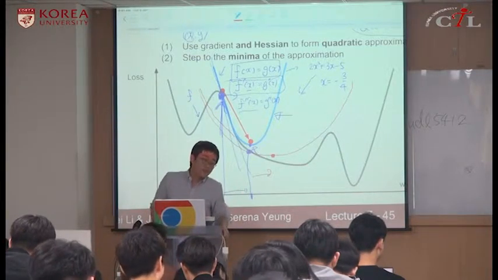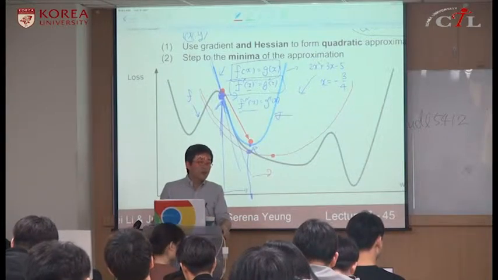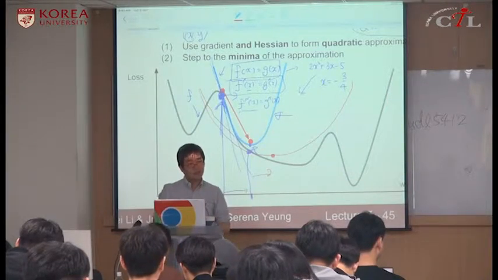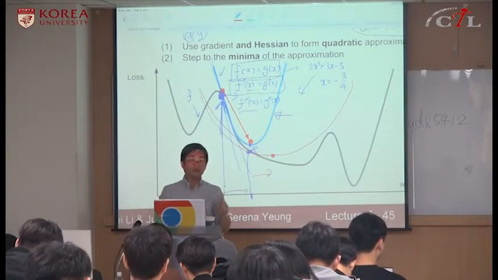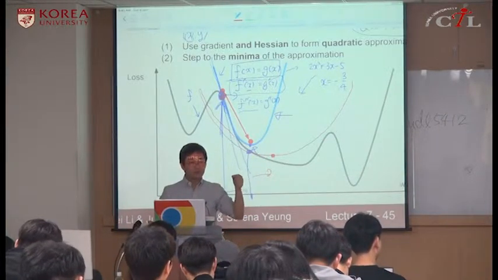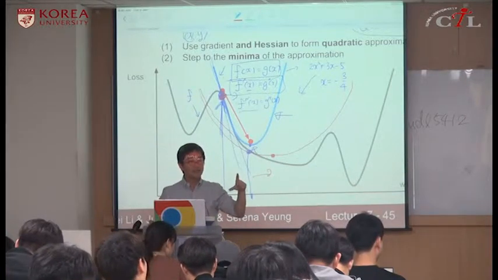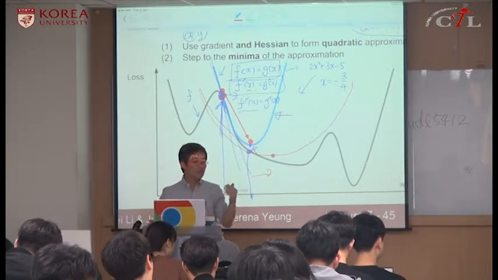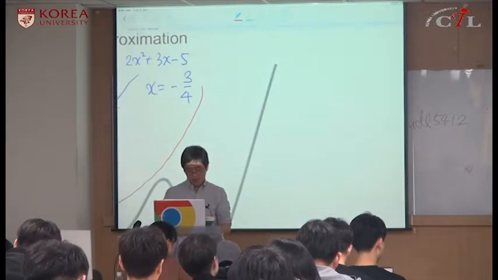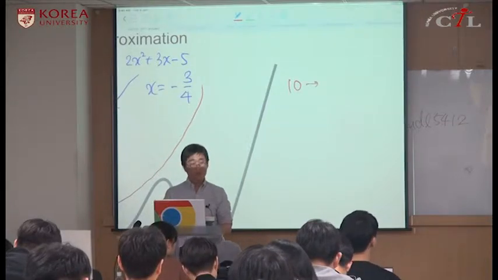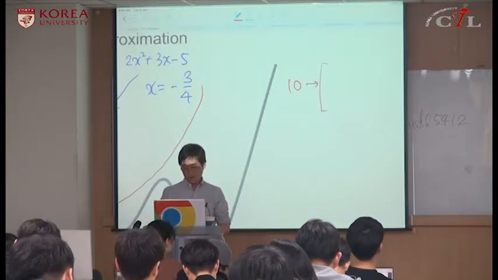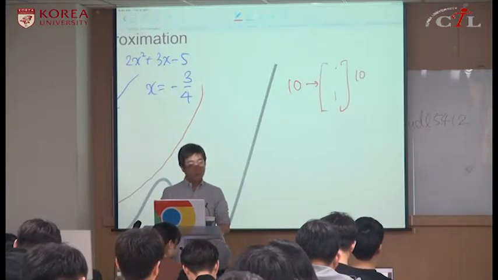But to obtain this second order polynomial as our approximation, it involves the second order derivative of our given function. At this point, what we did was to have the function value itself, and then we computed the gradient, which is the first order derivative with respect to each individual variable, right? So if the number of parameters is 10, what is the gradient vector dimension? It will be a 10 dimensional vector, right?